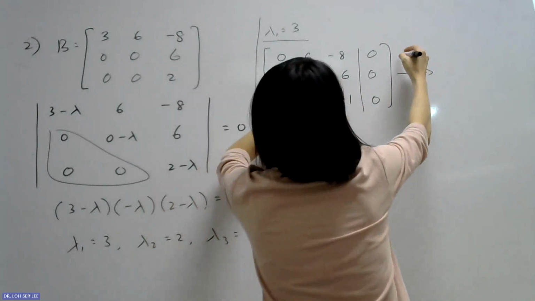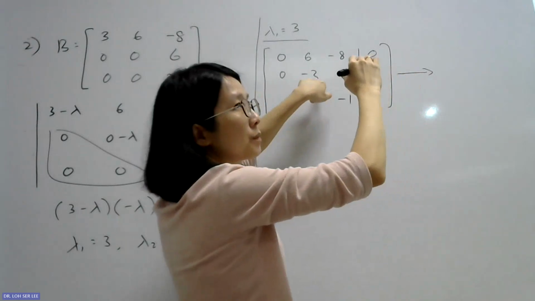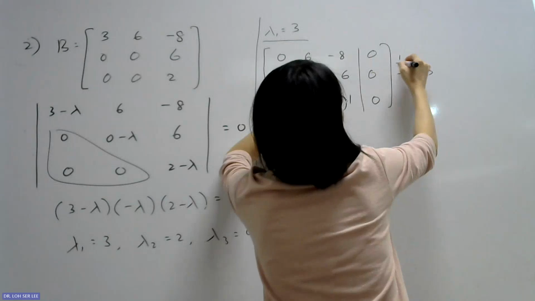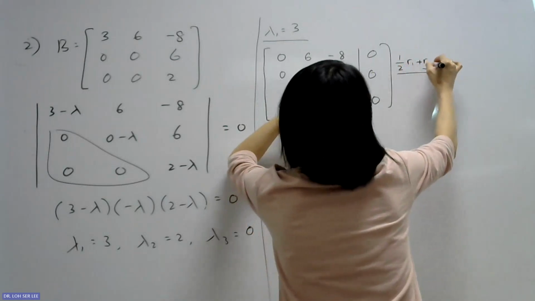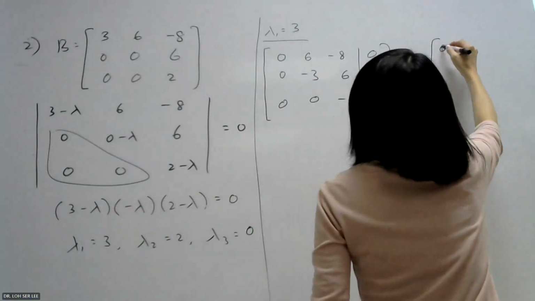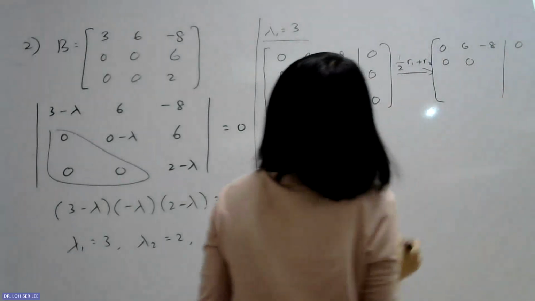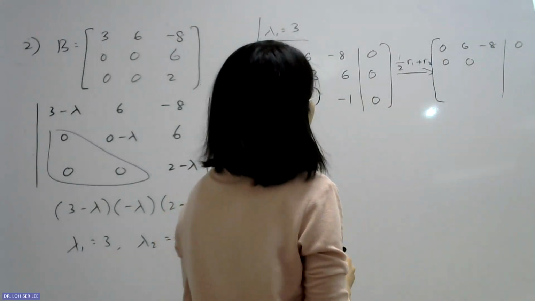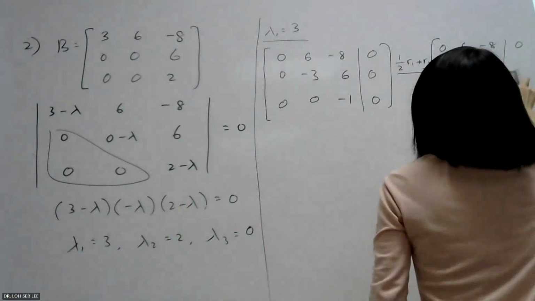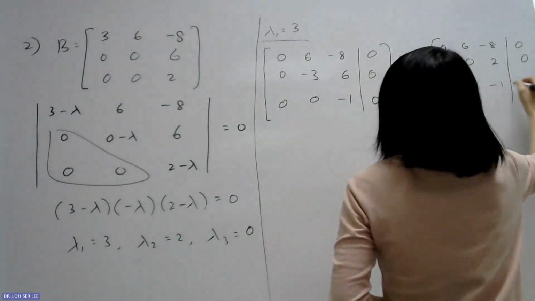So your operation is 3 over 6, which is 1 over 2, R1 plus R2. 0, 0, negative 4 plus 6, 2. Then 0, 0, negative 1, 0.